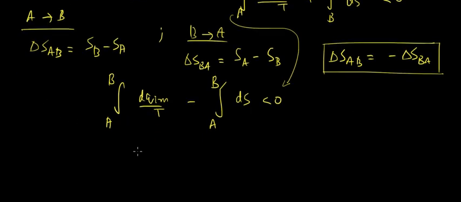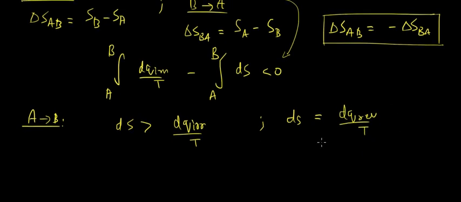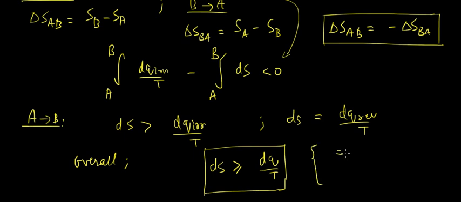So from A to B, dS would be greater than dq irreversible by T, and dS is actually equal to dq reversible by T. So hence overall we can write that dS would be greater than or equal to dq by T. It holds with equality for a reversible process, and it would be greater than for an irreversible process.